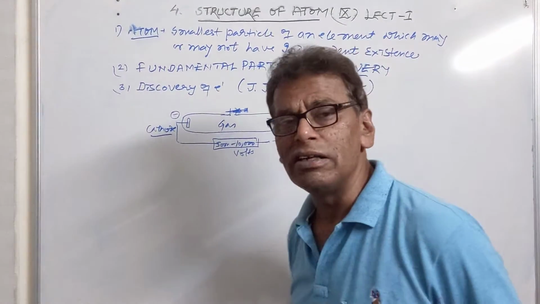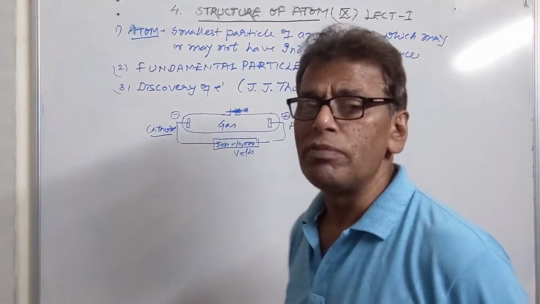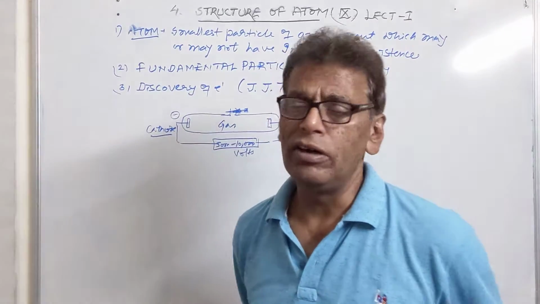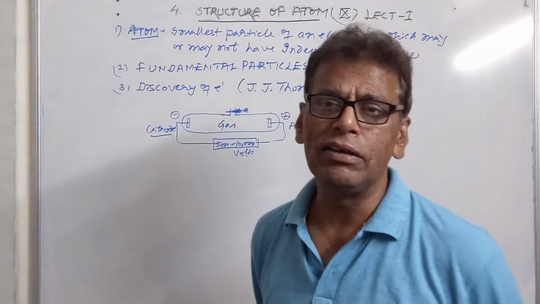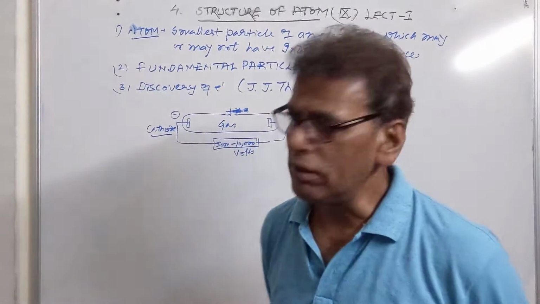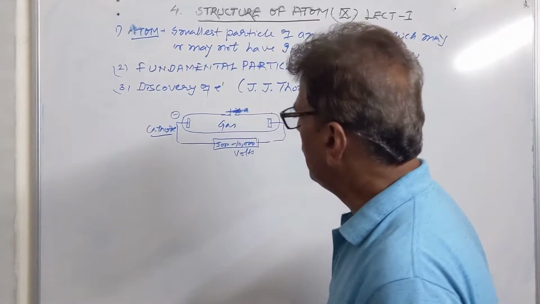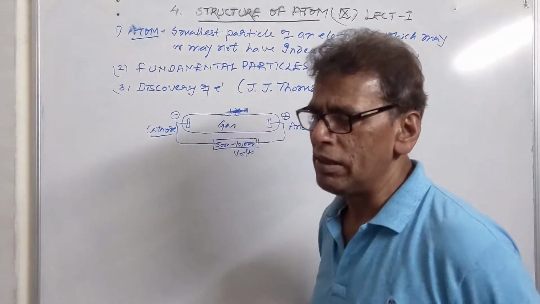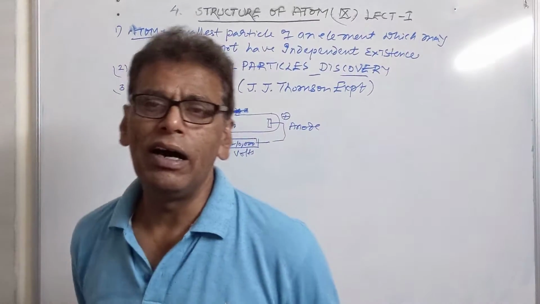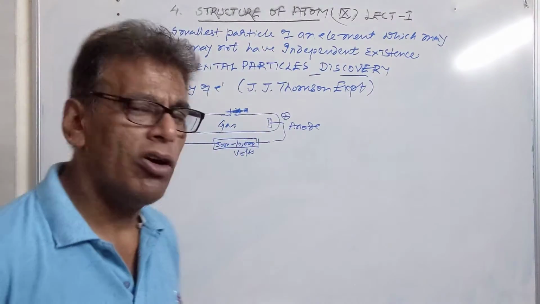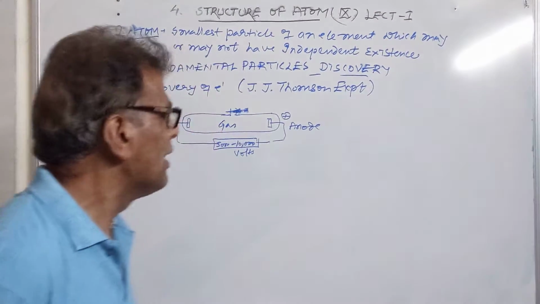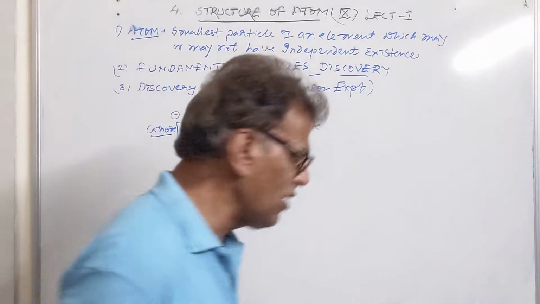Then he reduced the pressure to 0.01 atmosphere. He saw the gases started conducting and the tube started emitting some light, and he further reduced the pressure. Then he saw that the intensity of the light got reduced and the gas still remained conducting in nature.